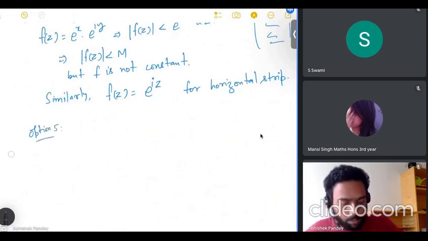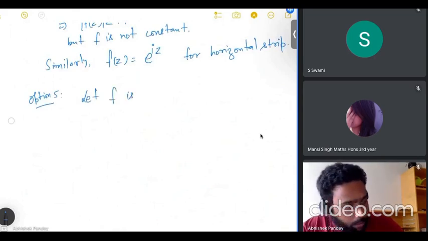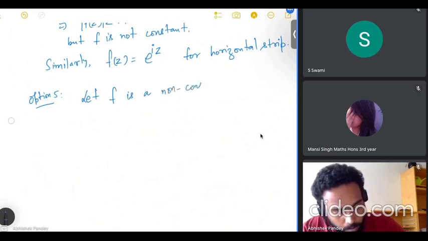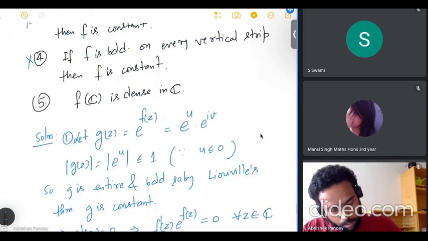Okay. So we need to check whether f of C is dense in C or not. So let f be a non-constant function. Okay, so here I should write if f is non-constant.